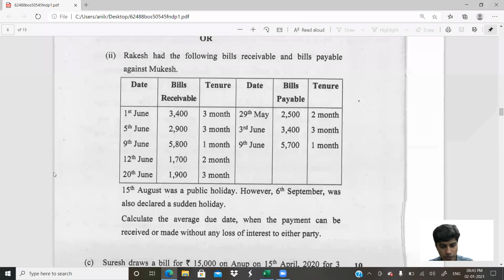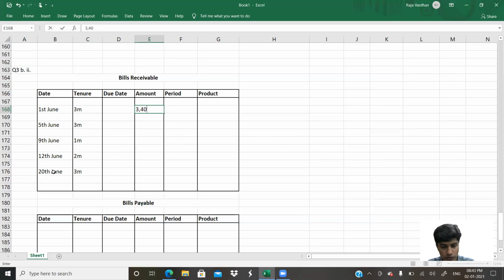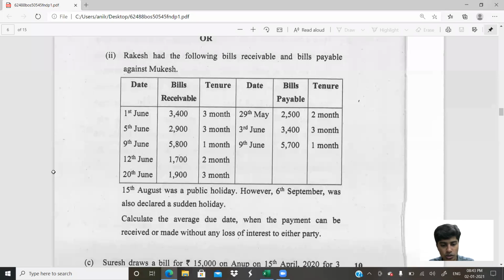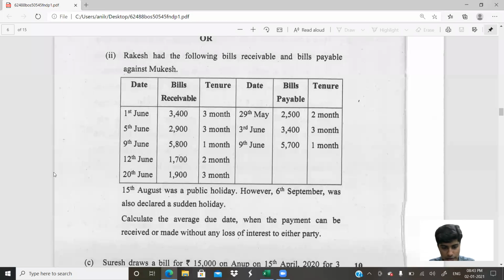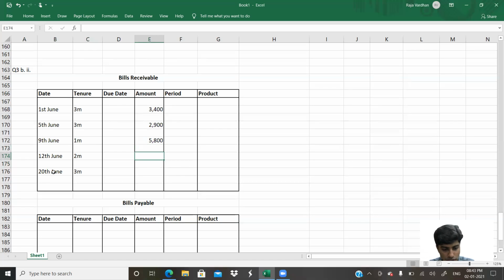Amounts I'll put: 3,400, 3,400, 2,900, 5,800, 2,900, 5,800. Then I have 1,700 and 1,900.